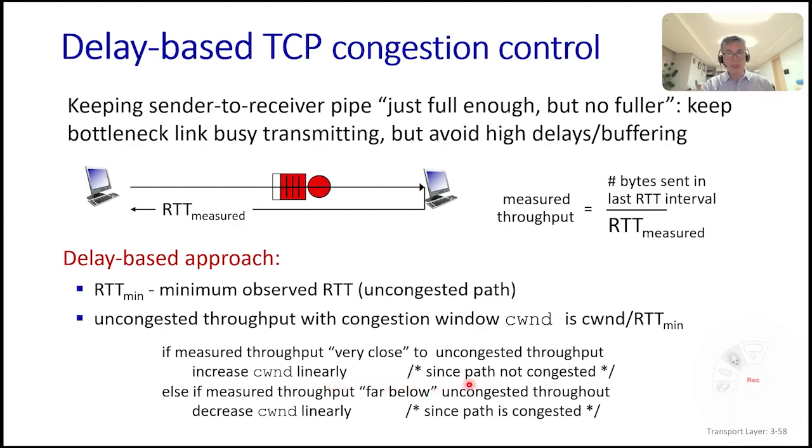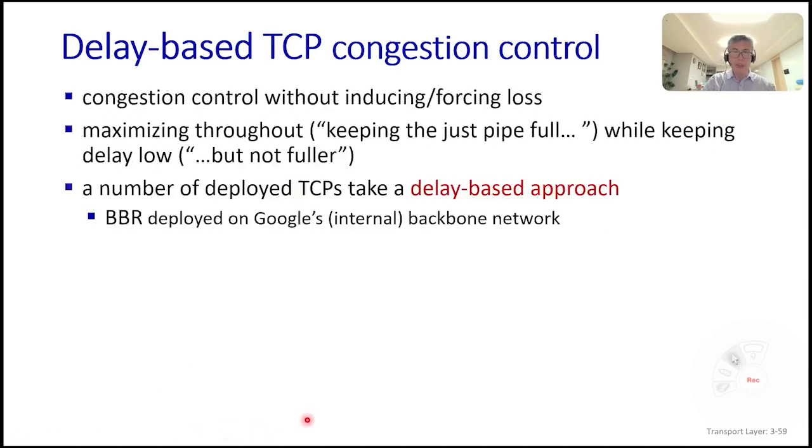On the other hand, if the measured throughput is far below, it means a congested network. In that case, we need to decrease CWND linearly.